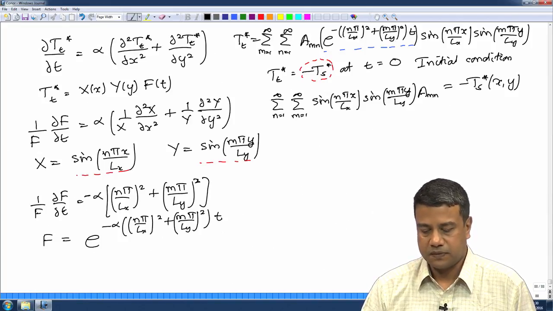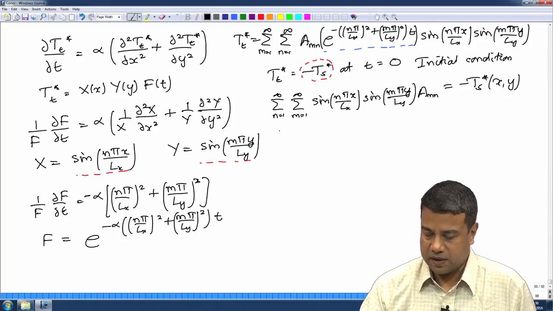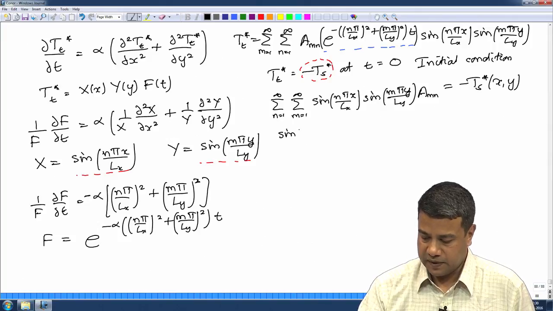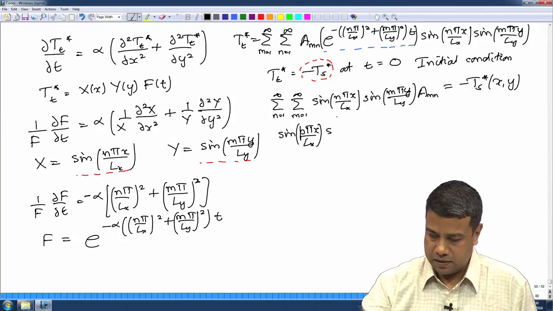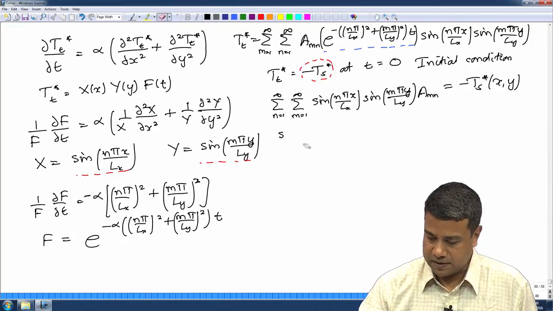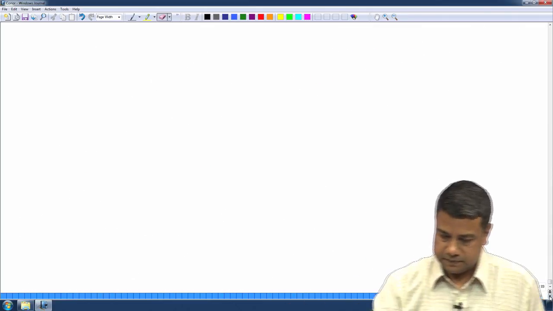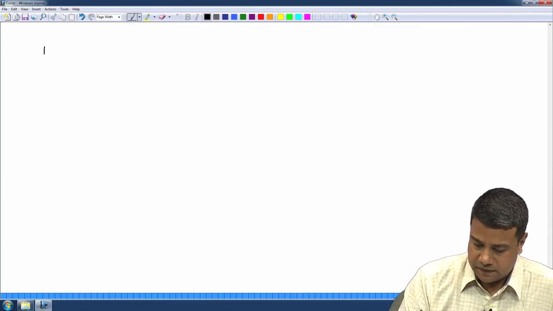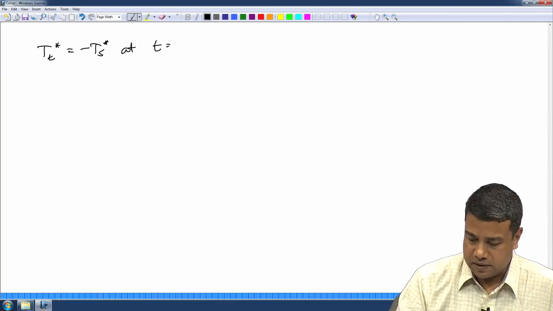How do I do that? I integrate both sides. I multiply both sides by sine p pi x by Lx, sine, let me do that on the next page so that it is clear. So, I have T transient star is equal to minus Ts at t equals 0.